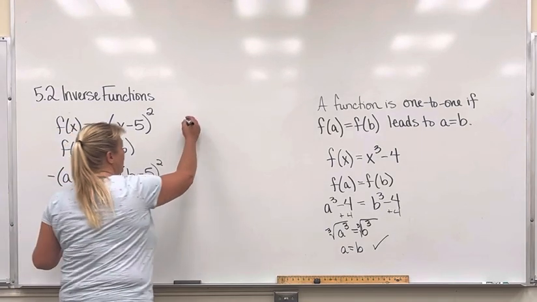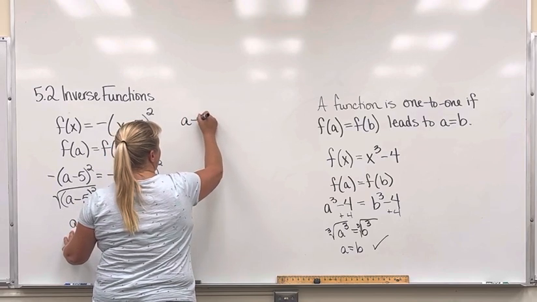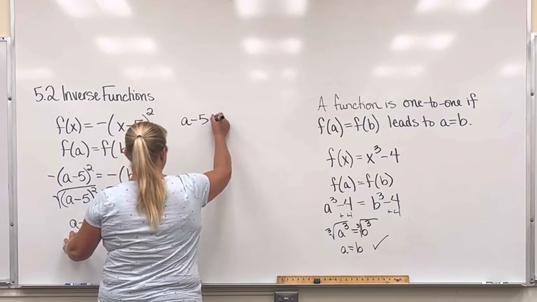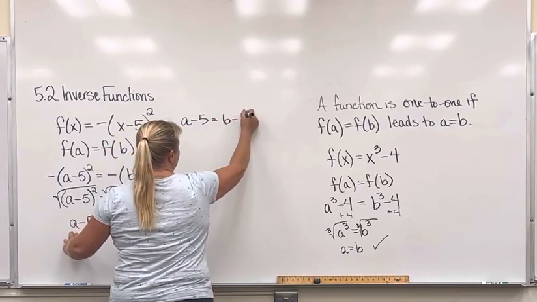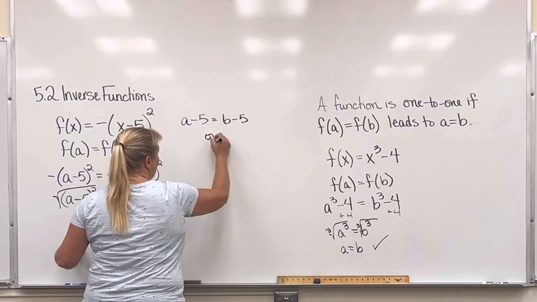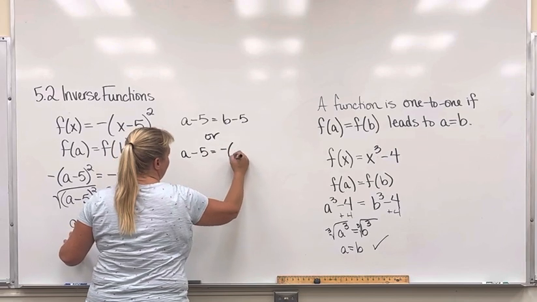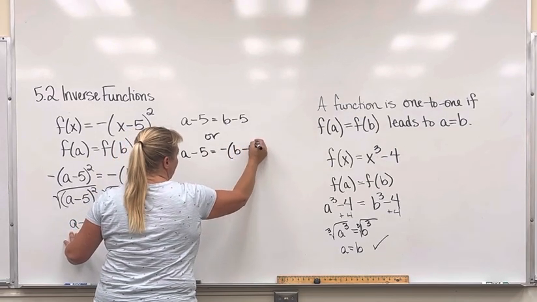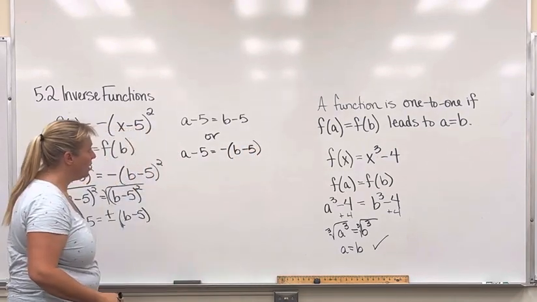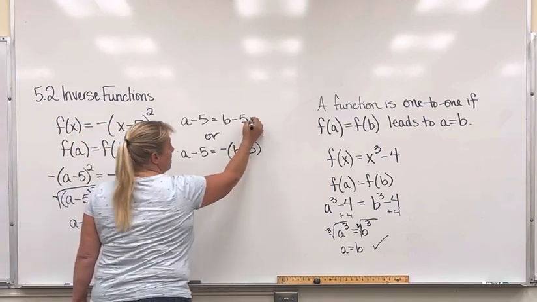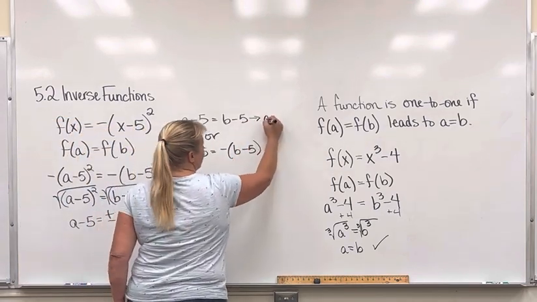So we now have two equations. We have A minus 5 equals B minus 5, or A minus 5 equals negative B minus 5. Now, in this one, can we just get to A equals B?